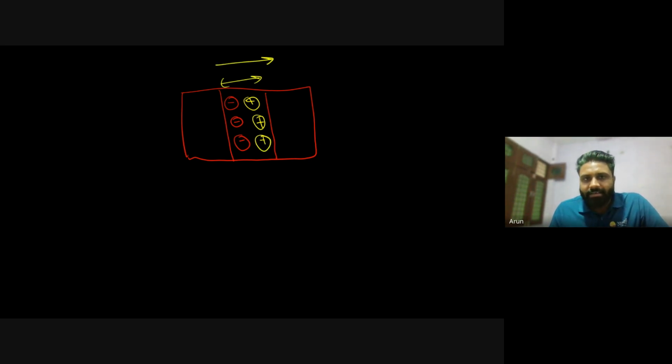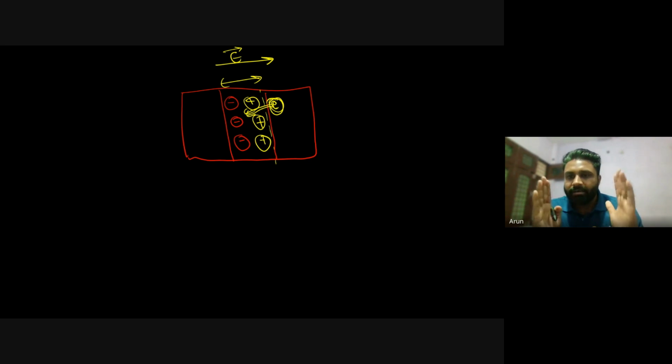When an electric field is developed here in this direction, the electron present here can jump into this, which means this width gets reduced because there is no further electron here. So this electron is causing the reduction in the width of the depletion layer.